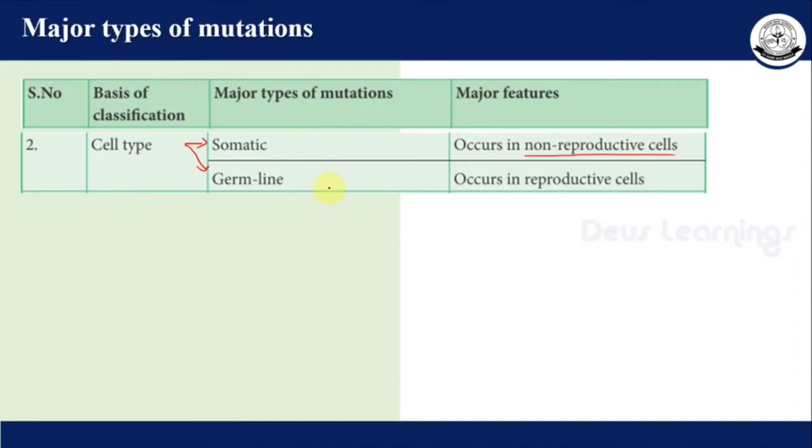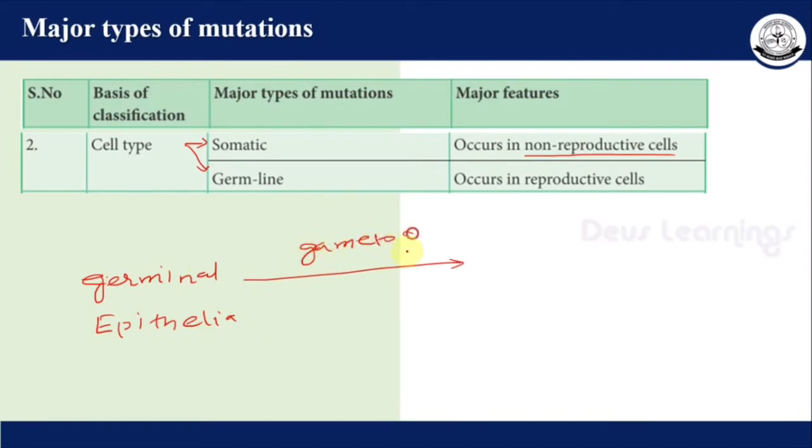We consider that a somatic mutation. Germline mutation is the mutation that happens in the reproductive cells, the germinal epithelia, and they go through gametogenesis to make gametes.